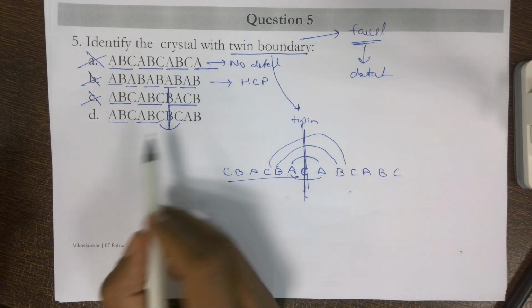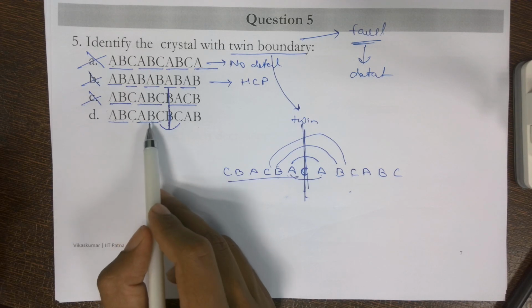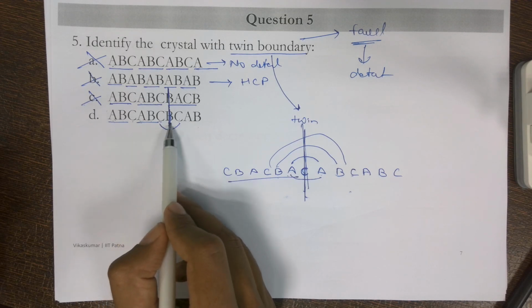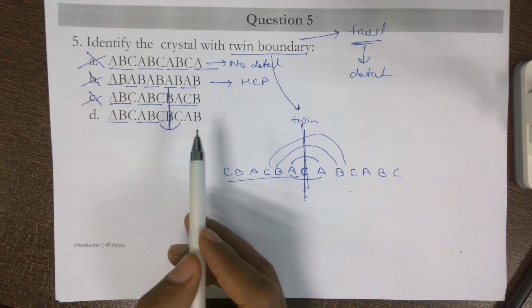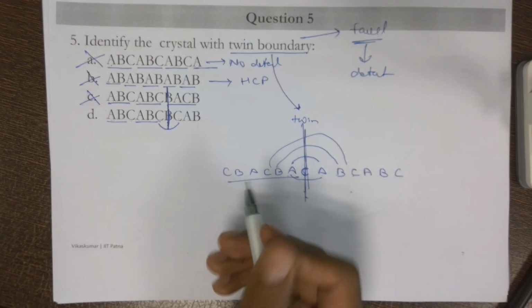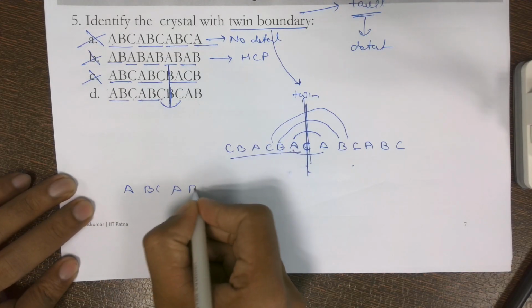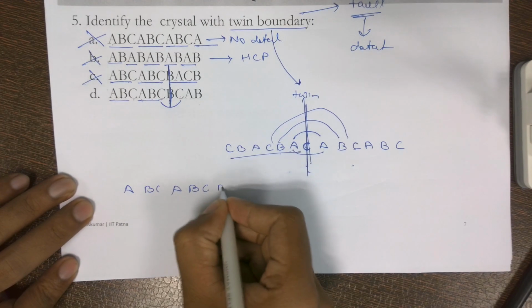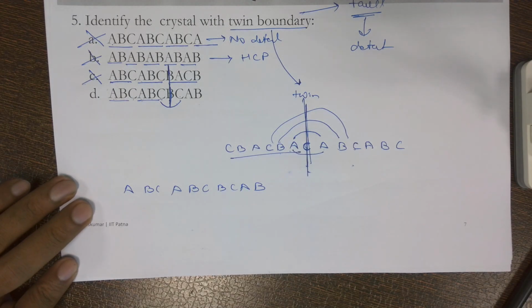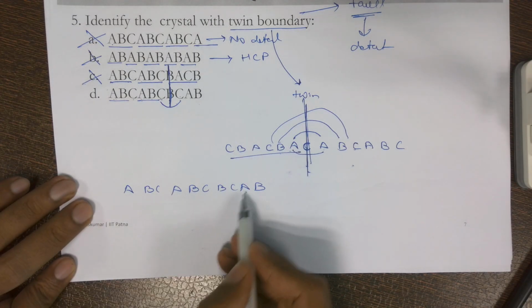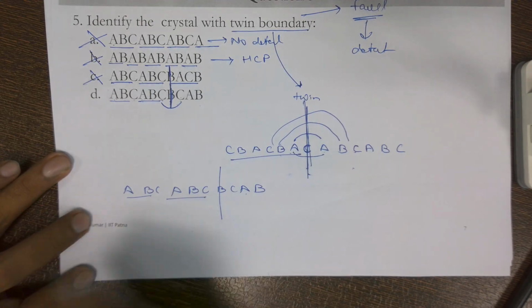C, A, B, A, B, C, A, B, C, B, C, and B. A, B, C, A, B, C, B, C, A, and B. So about this, a fault should be there.